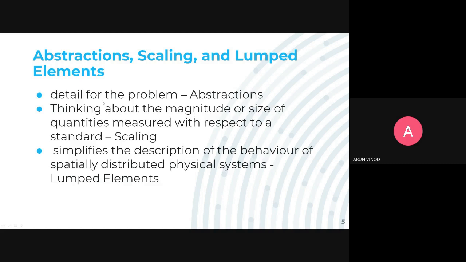Scaling means thinking about the magnitude or size of the quantities measured with respect to a standard. Let us see an example, don't worry, you will understand clearly. So abstraction means smaller level. Scaling means you are mapping it with the real-time scenario. Then lumped elements simplify the description of the behavior of spatially distributed physical systems. You have many distributed physical systems, and you are combining them together, which is called lumped elements.